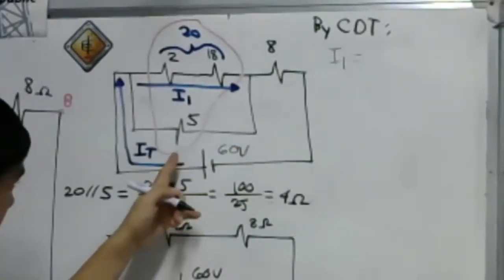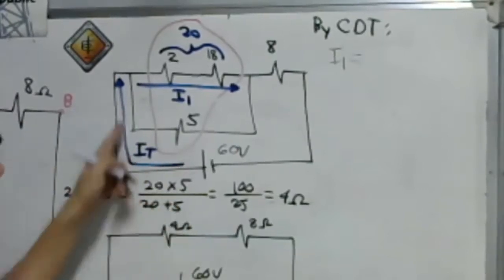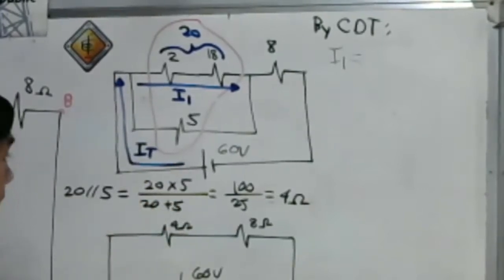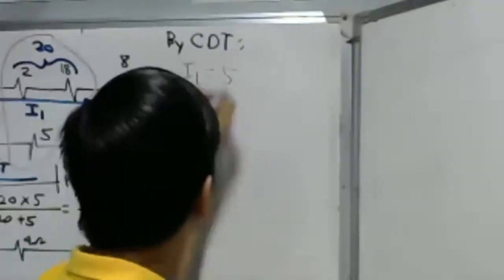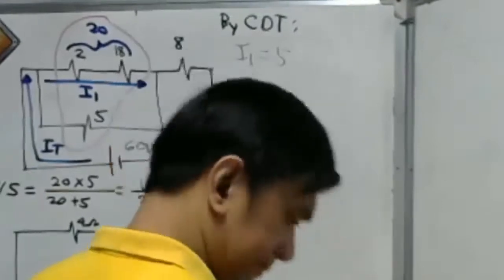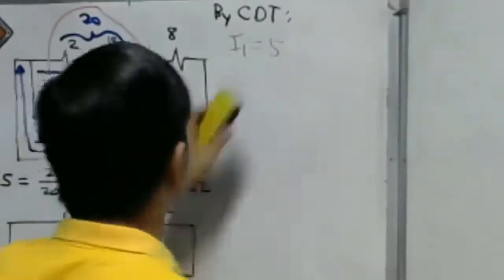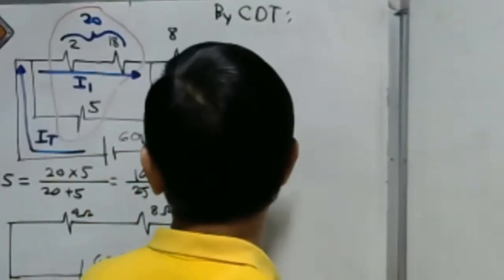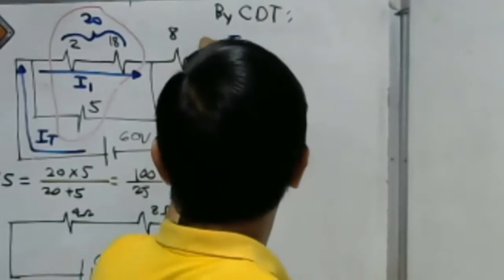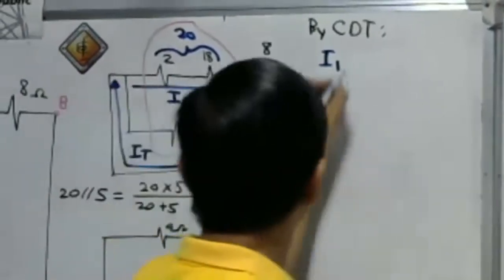What is the resultant current? The resultant current is our IT, which is 5 amperes. So we have our I1 as the resultant current, which is 5 amperes.